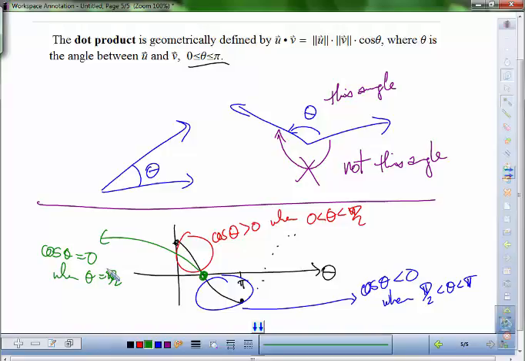If you translate that to the idea of the dot product, that means if you have the angle between two vectors as being perpendicular, 90 degrees, pi over 2, then the cosine is going to be 0, and it doesn't matter what the lengths of those vectors are. When you multiply anything by 0, you get 0. So the dot product is equal to 0.